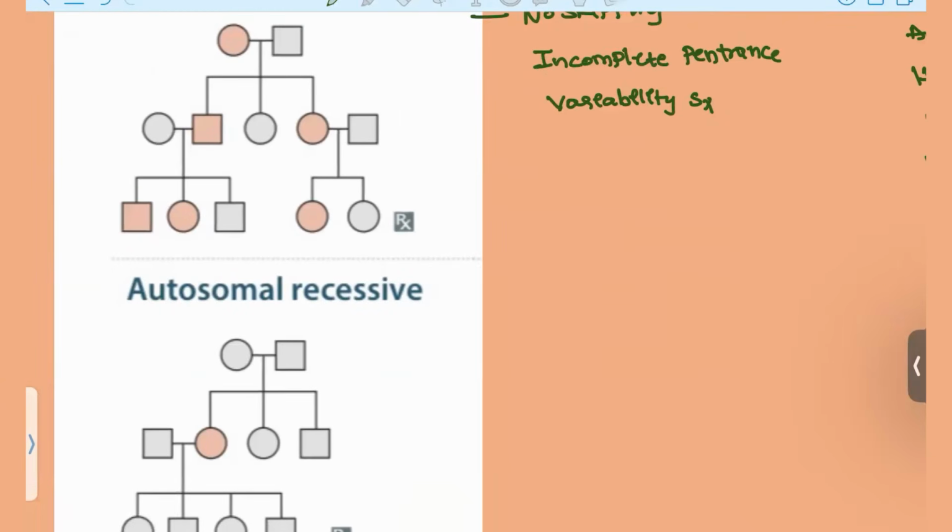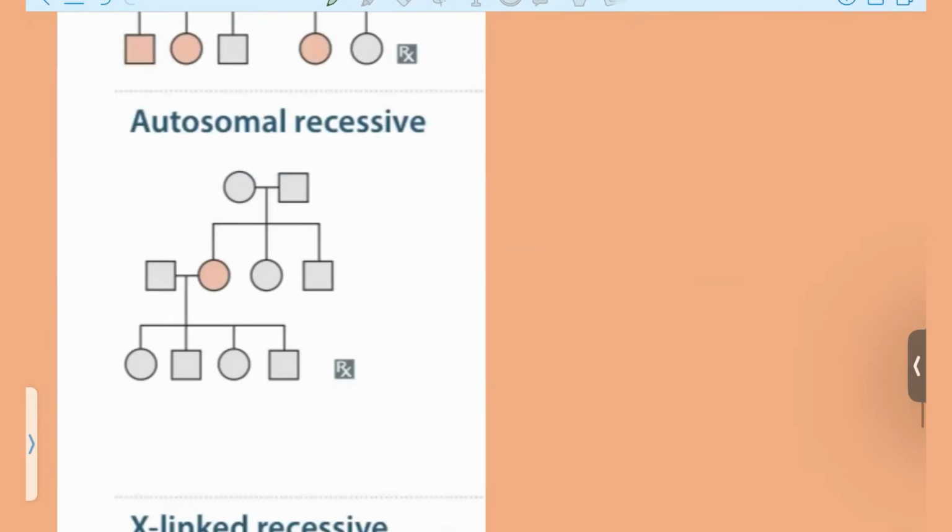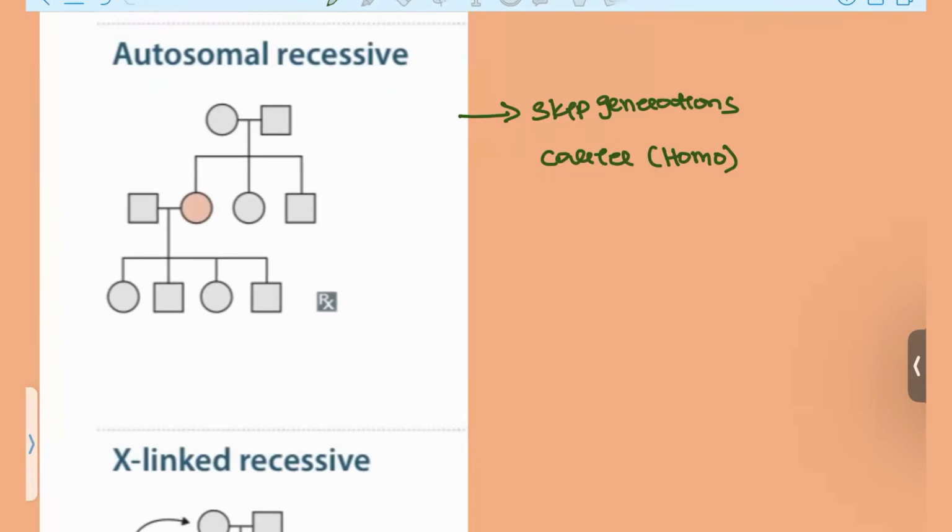Next is autosomal recessive. These skip generations and present with carriers. Homozygous carriers cause the disease in offspring, commonly seen with consanguineous marriages, that is, marriages within the family, which carry a high risk.